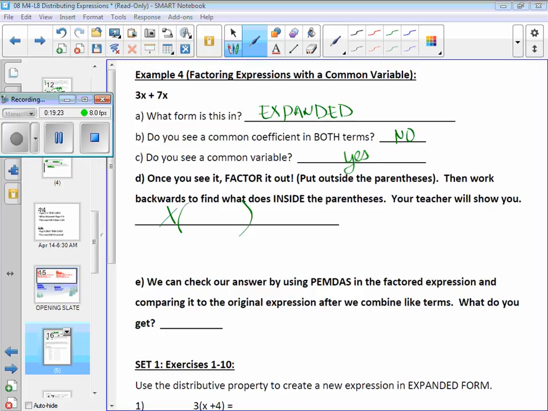Tell me what goes inside the parentheses. Trick question. Go put it up. Looks good. 3 plus 7.